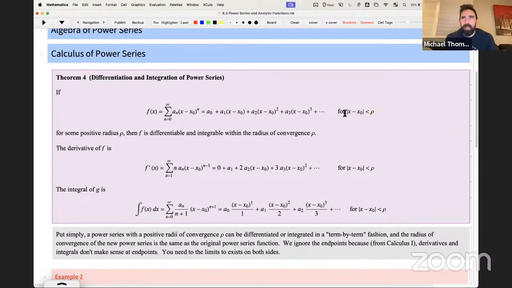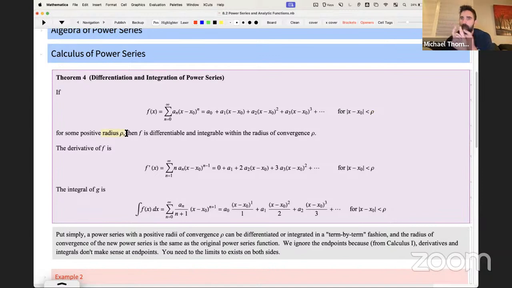Like if I gave you the function f of x equals 3 if x equals 1, and everywhere else is 0, and then I asked you to differentiate the function at 1, you can't. It's just a point. It doesn't do anything for us. You have to be able to have a limit. So in order for us to talk about this theorem, that radius would have to be positive.